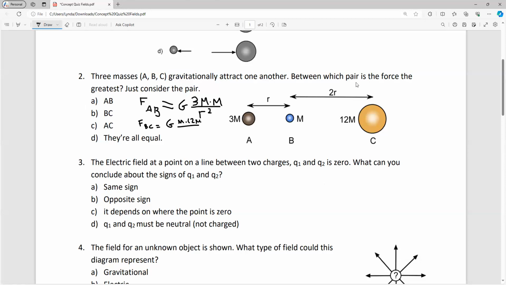And the distance between them squared: 2r squared gives you 4r squared. Okay, so when we reduce, 12 divided by 4 is 3. So those forces are equal to each other.